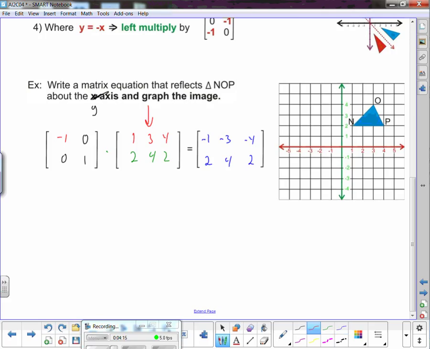So the image ends up at -1, 2, and that should be N prime, -3, 4, and that should be O prime, and -4, 2, and that should be P prime. And hopefully that looks like a mirror image about the y-axis.